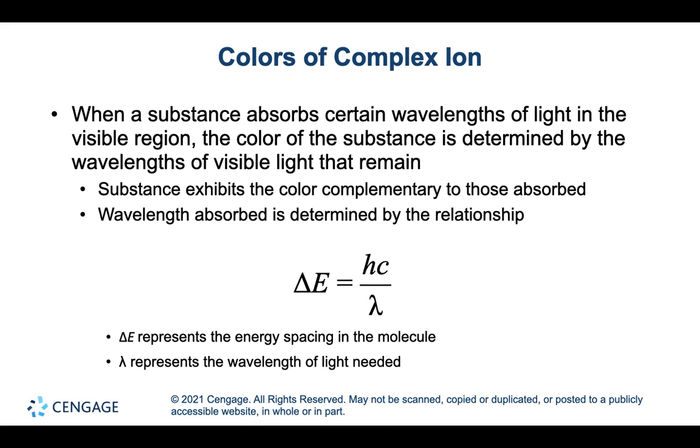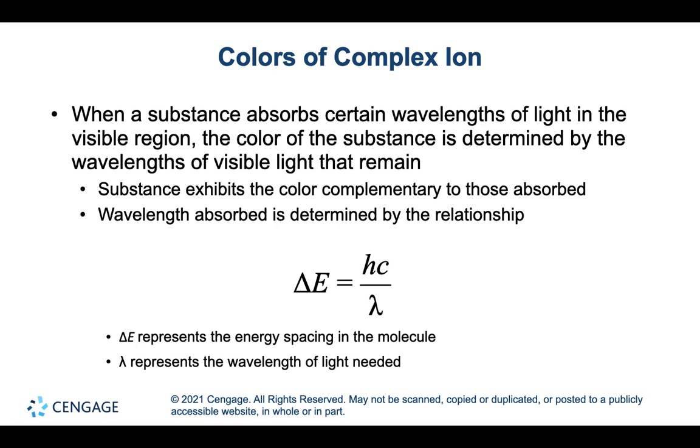Something else is that splitting is going to be the delta E that determines the wavelength of light that is going to be absorbed by that particular complex ion. Remember that the energy absorbed is the energy to move an electron from, in this case, the t2g up to the eg, and that delta E is going to equal hc over lambda.